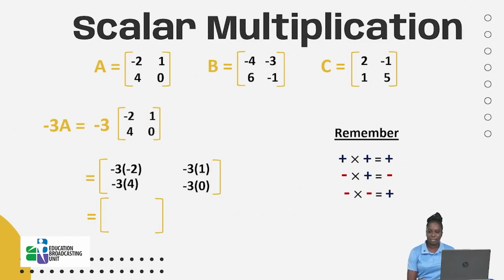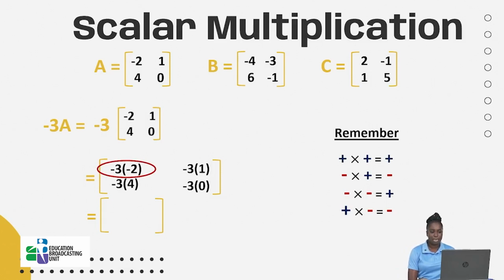Negative times negative is positive, and positive times negative is negative. So when the signs are different in multiplication between two terms, the result is going to be negative. When the signs are the same, the result is going to be positive.